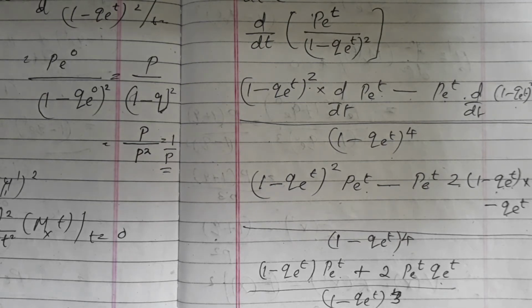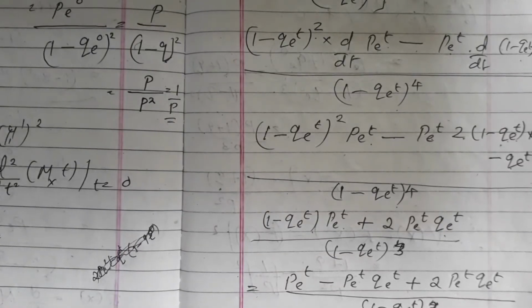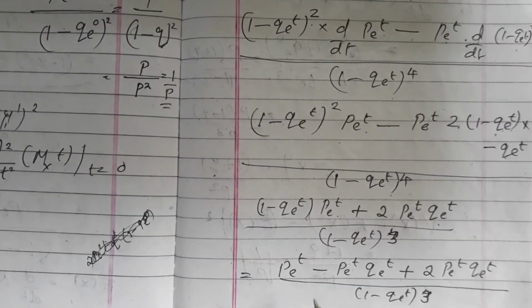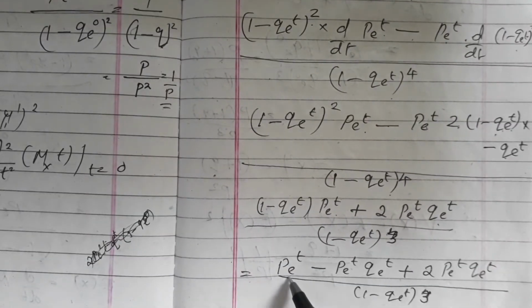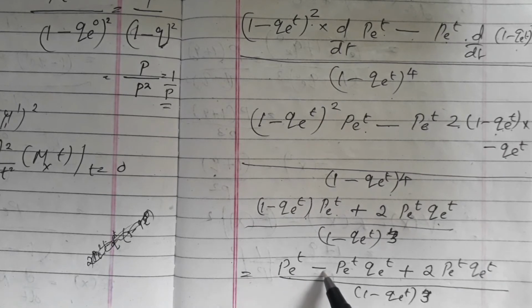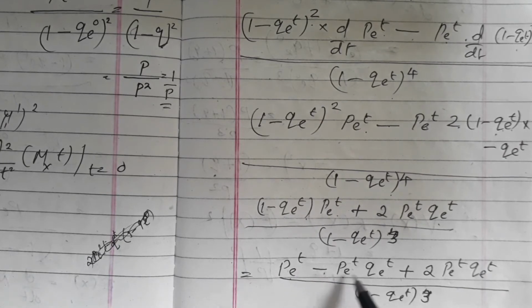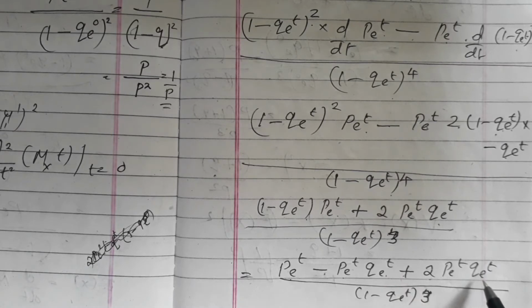Okay. So multiplying, we get the first term: p e^t minus p e^t q e^t plus 2 p e^t times q e^t, all divided by (1 minus q e^t) whole cube.